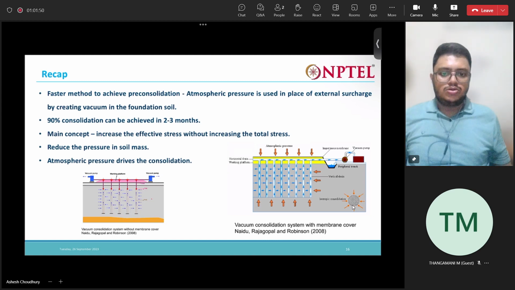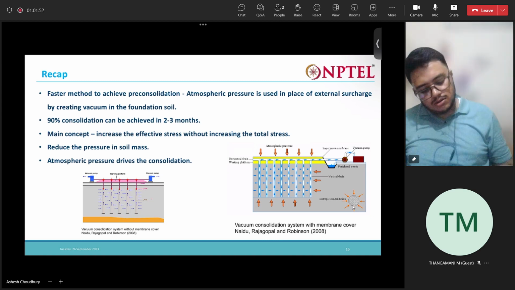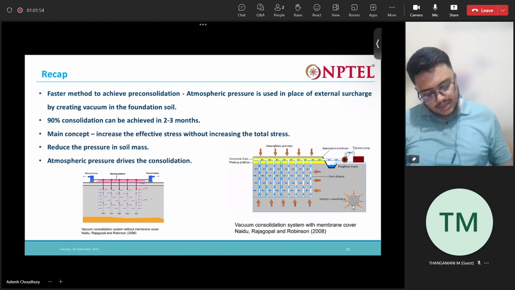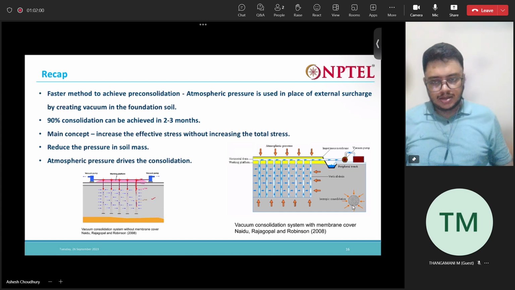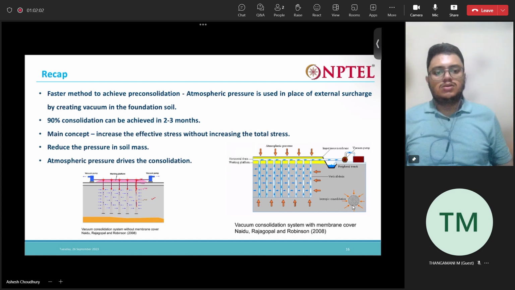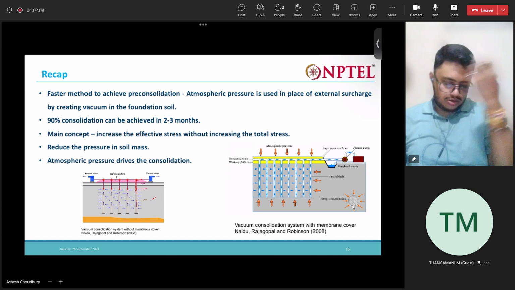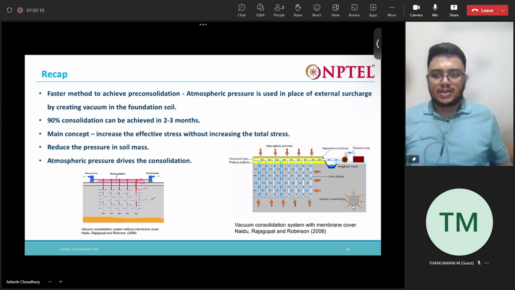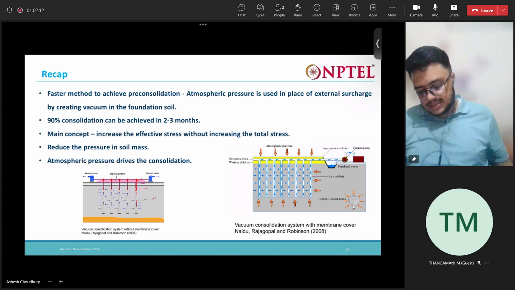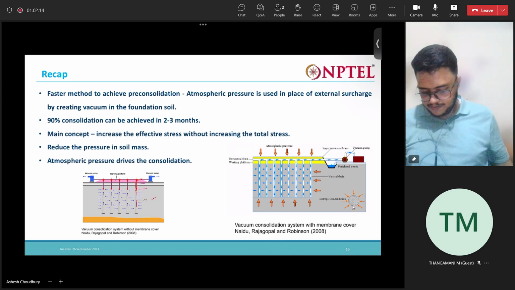Obviously if you are putting vacuum pressure here, there will be a tendency of the water to drain out, right? So using this vacuum pressure, we are providing some extra force to extrude the water, and this accelerates the consolidation process.